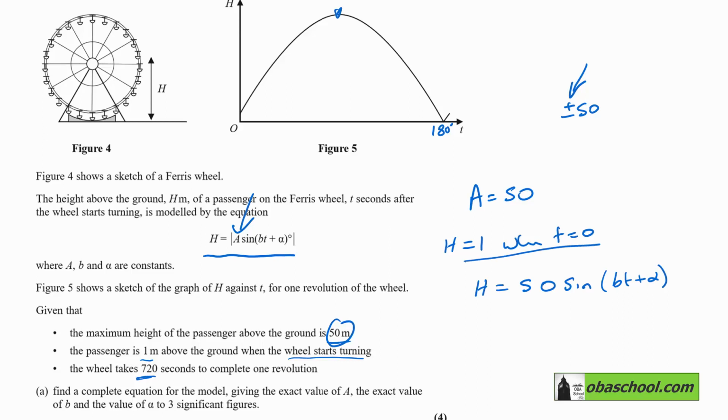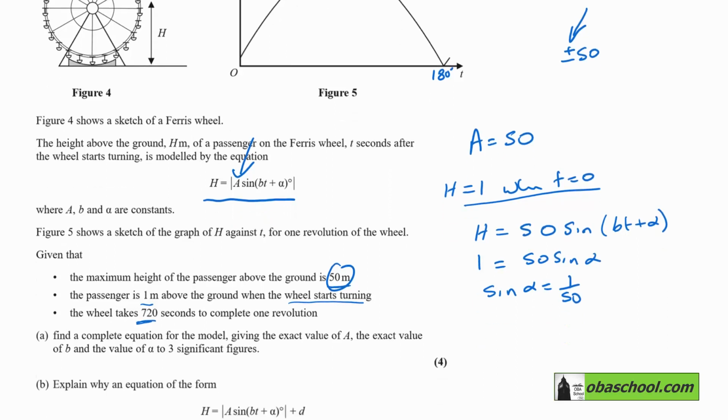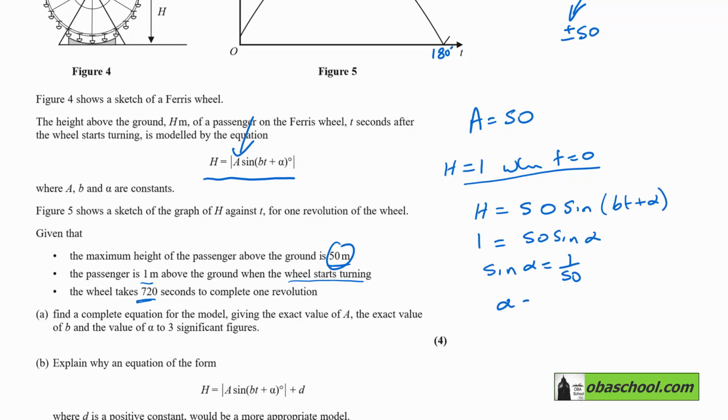When we put these values in, we get 1 is equal to 50 sine alpha. Therefore, sine alpha is equal to 1 over 50, and alpha is the inverse sine of 1 over 50. And that is 1.15 when we're in degrees.